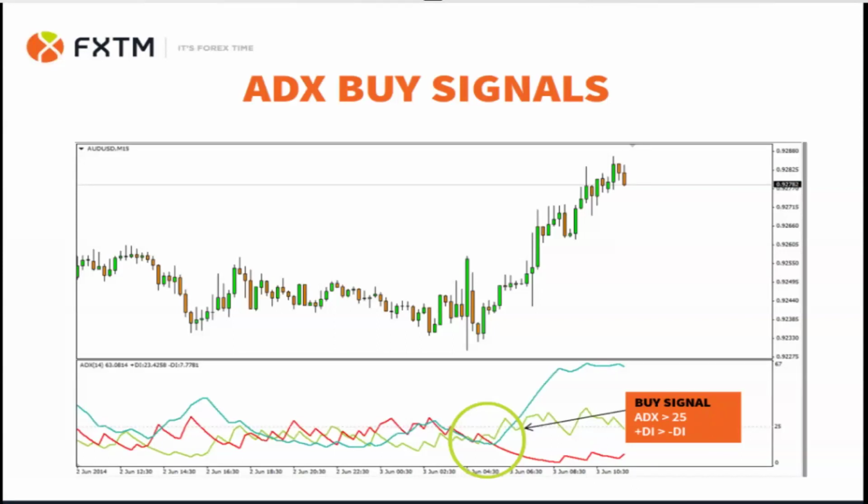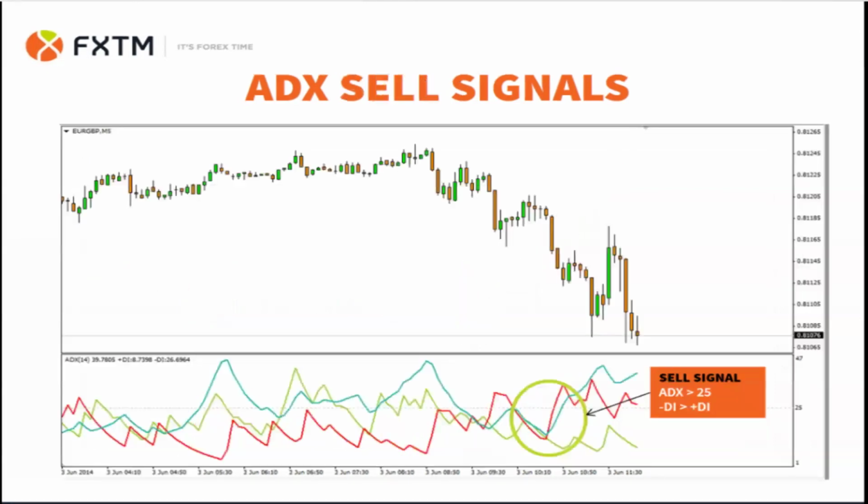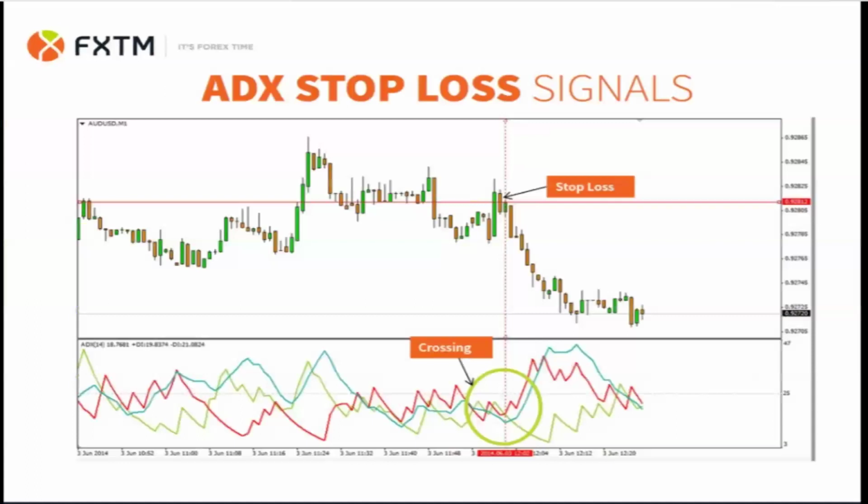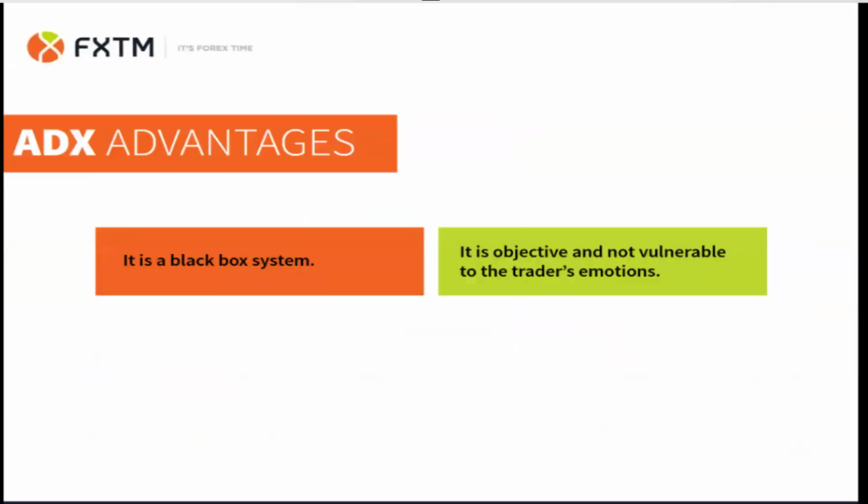We see the plus crossing above the red, and the average directional signal line, the blue line, is way higher than 25. So it tells you that the market is going to buy. These are ADX signals.